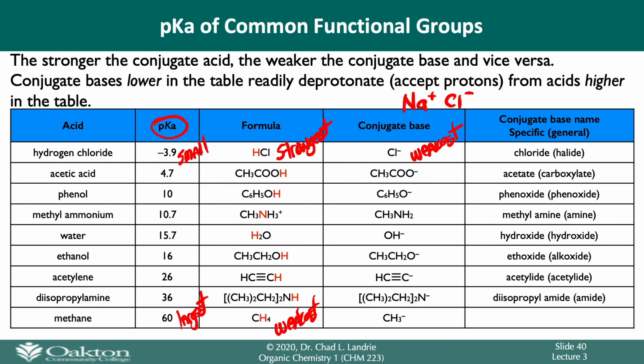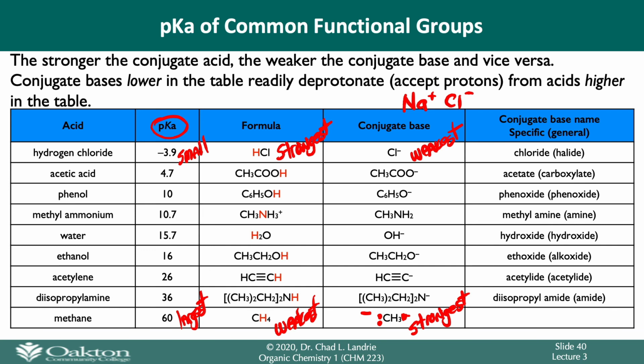In the same respect, the conjugate base of methane, this carbanion, where we've got a carbon with a lone pair and a negative charge, is the strongest conjugate base in this series. So again, by memorizing pKa values for acids, you can infer the strengths of their conjugate bases.